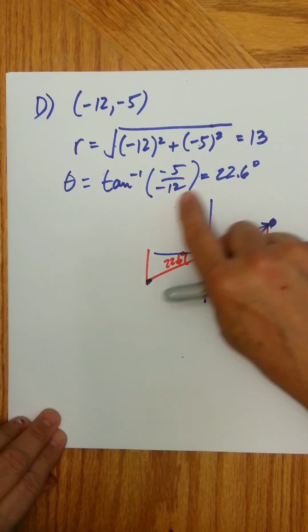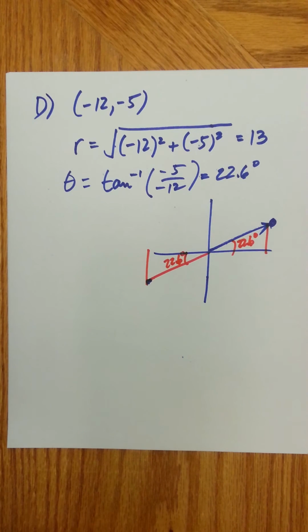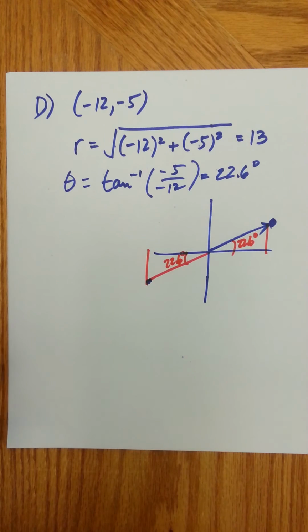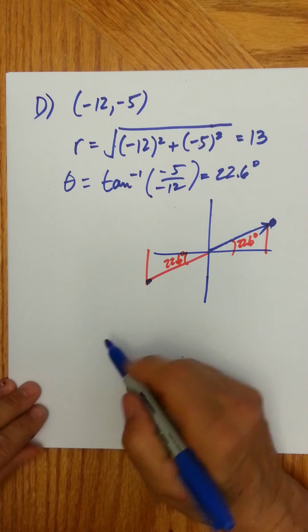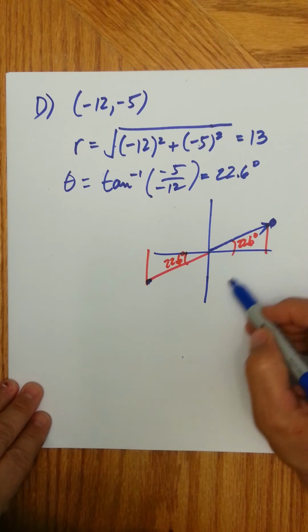Well, if I try to do the positive, I'm going to have to do 180 plus 22.6. That's going to exceed it. Not that that's actually wrong. It's just that oftentimes books put on this restriction. Could you really say 180 plus 22.6? Sure. But because we want to have this theoretical restriction, we're going to go in this direction.